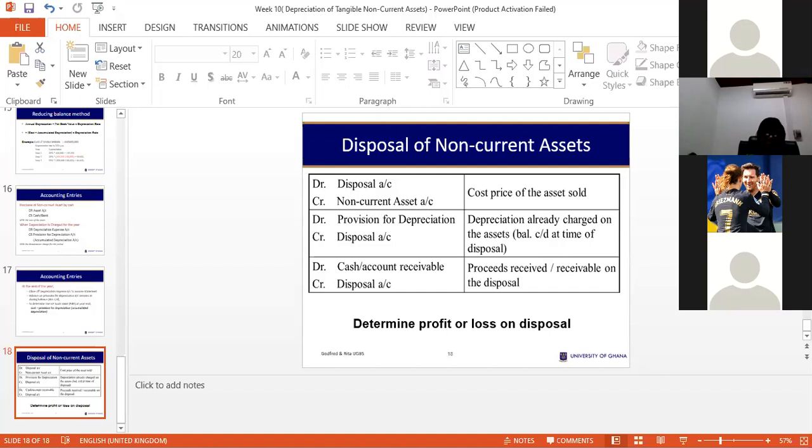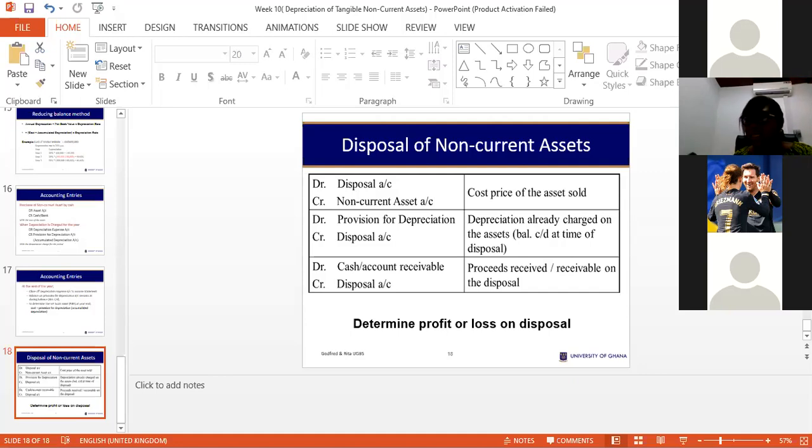Now, the purpose of the disposal account is to determine whether that motor vehicle, even after usage and after selling, whether you are making a profit or loss on disposing of it. So you are taking the cost minus the depreciation, the amount you have already allocated.